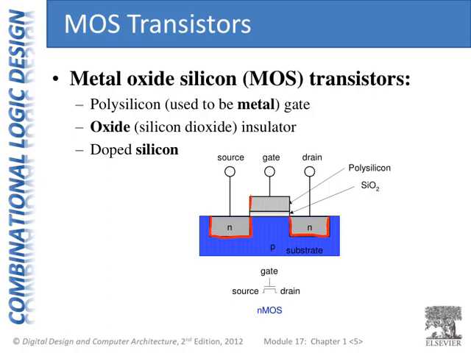And then we have this sandwich, this gate connects to what used to be metal, so we'll call that metal. Now it's polysilicon, which is basically a very good conductor. It's just easier to integrate into the process of making transistors, but effectively think of it as metal. It's a conductor. And then we have silicon dioxide here right below it.